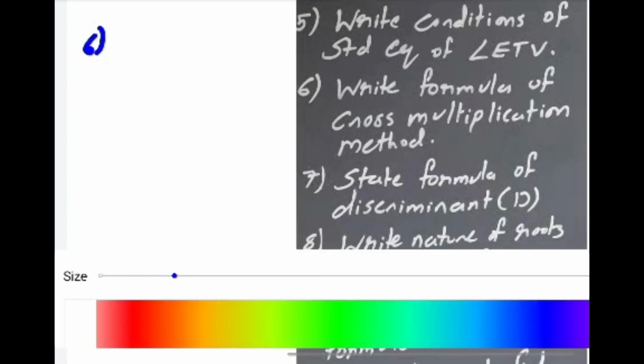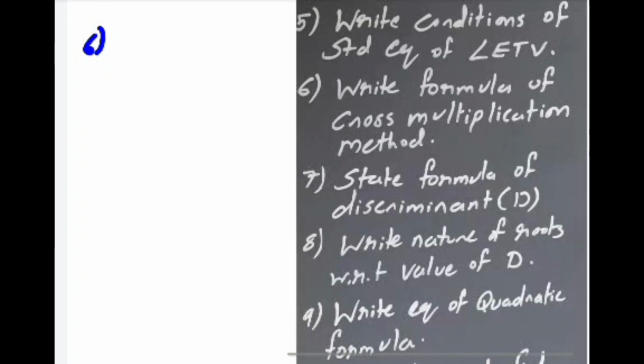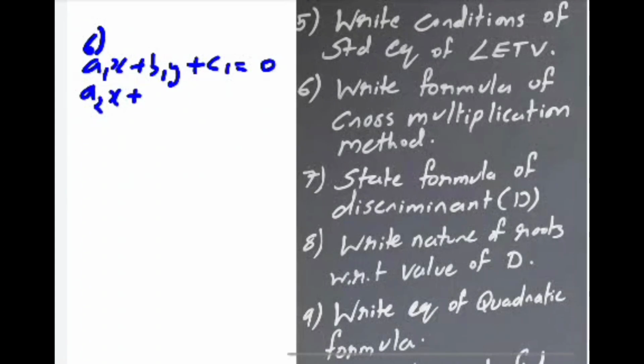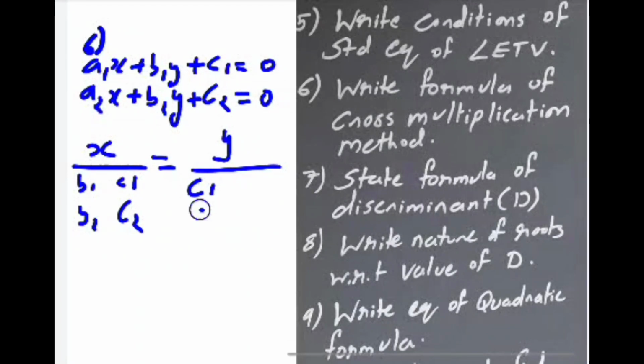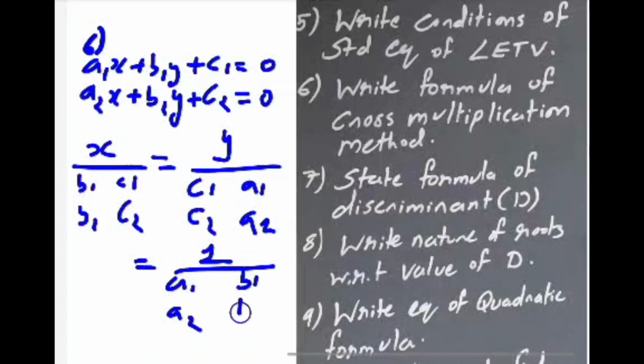So formula will be, let's write the equation, that is let's say if two equations a1x plus b1y plus c1 equal to 0 and a2x plus b2y plus c2 equal to 0, then the formula will be x upon b1 b2 c1 c2 is equal to y upon c1 c2 a1 a2 is equal to 1 upon a1 a2 b1 b2.